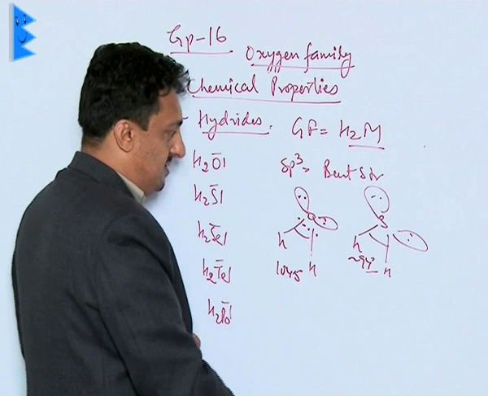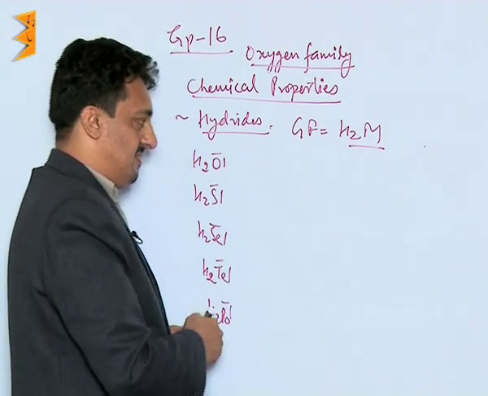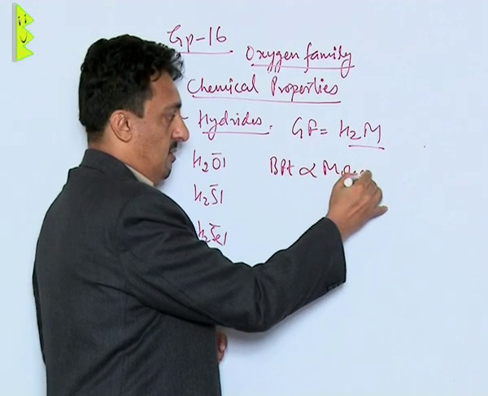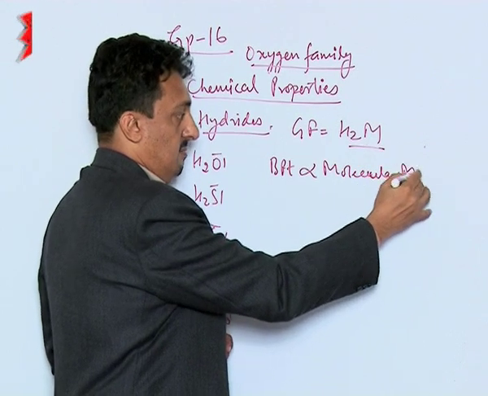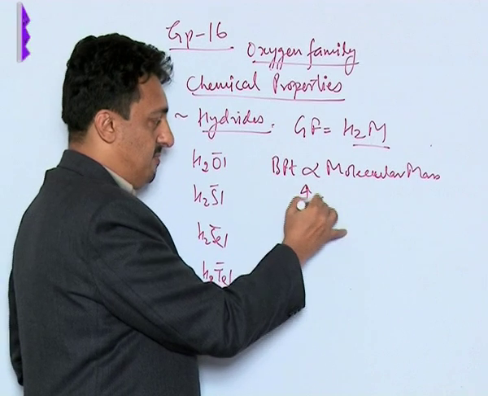Now let us talk about their boiling points. Water is an exception in this. We know that boiling point mainly depends on molecular mass, which increases down the group, so it should increase down the group.